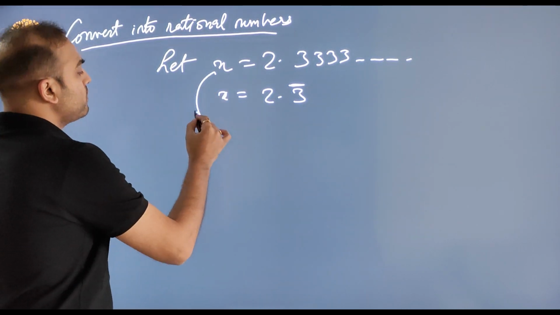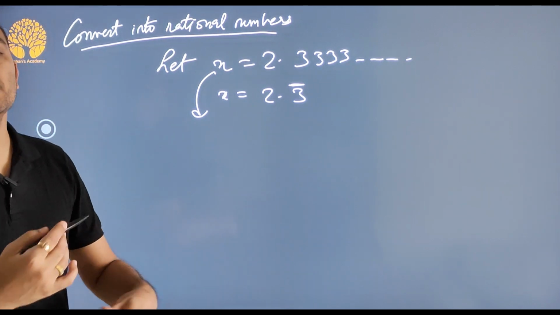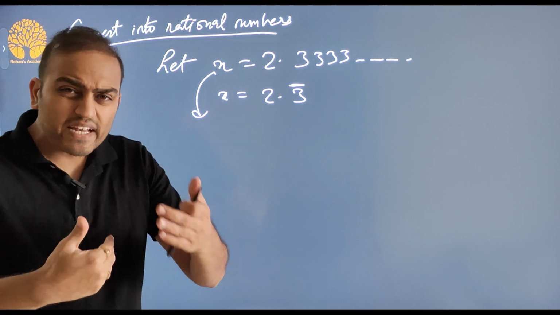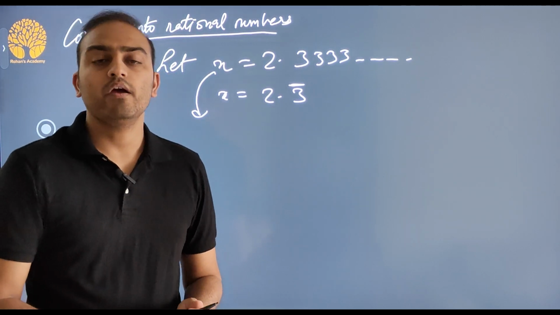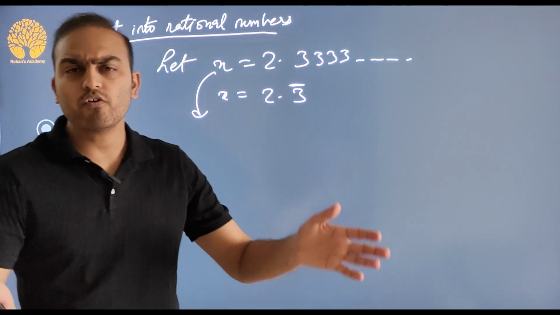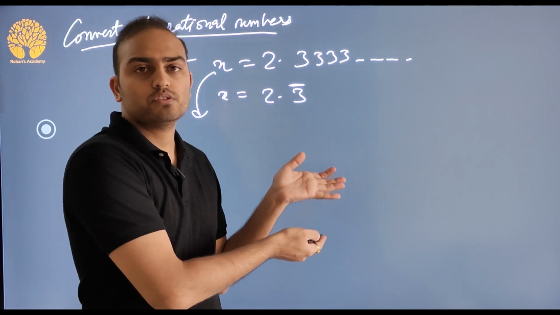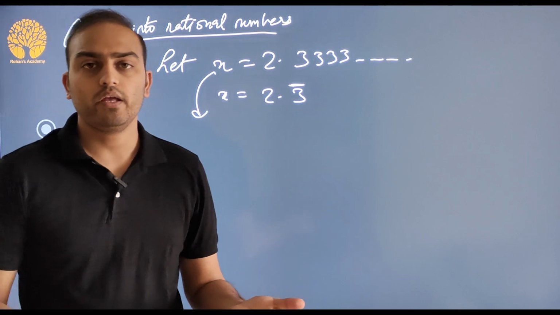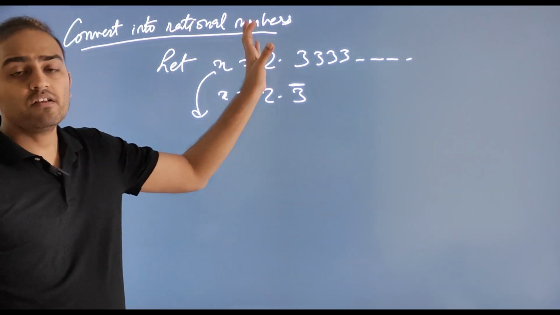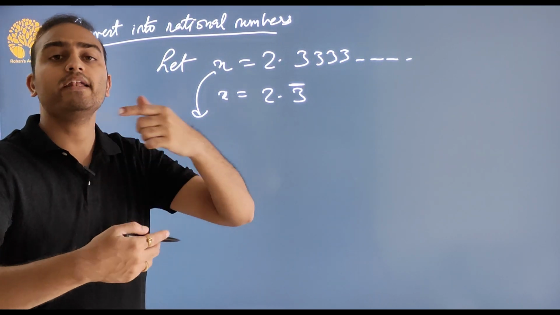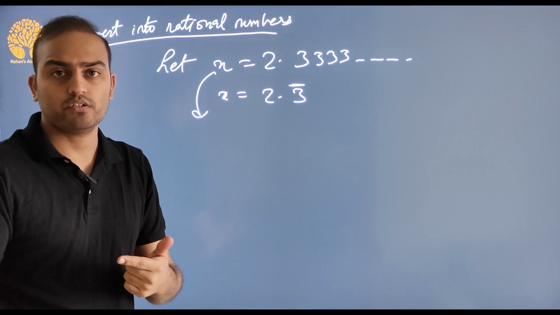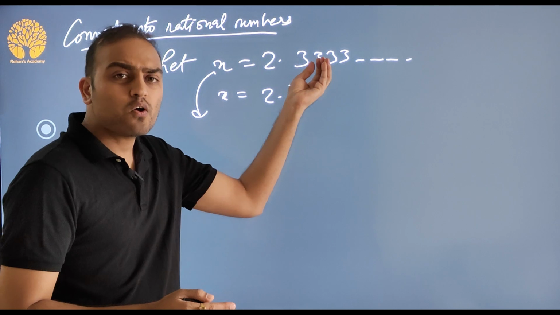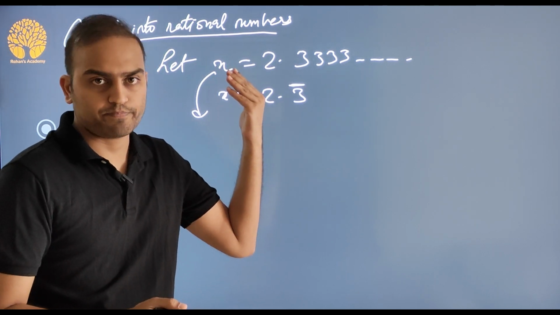Okay, now what do we do? As we will learn later on, whenever you have a question with an infinite repeating pattern, irrespective of the topic, could be ratios, proportions, fractions, decimals, any other topic, whenever you have an infinite chain which repeats itself, the simplest way to solve is you take the first value out of the chain.